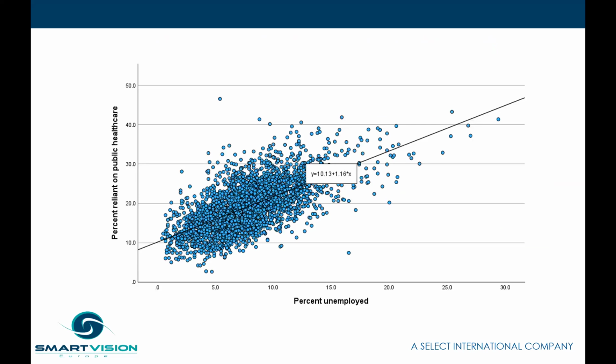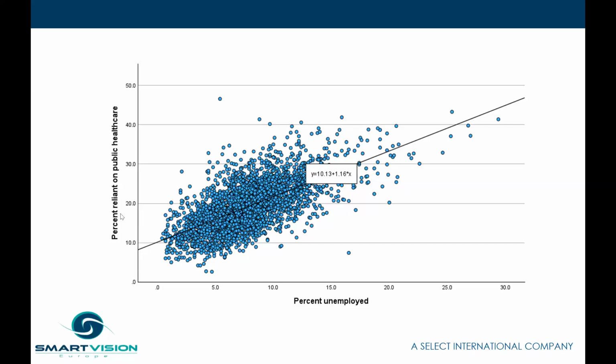When we do a scatter plot in SPSS and ask it to put a fit line through it, it tends to give you this formula at the same time. Here you can see the constant, that's 10.13, and the coefficient, which is the per, 1.16 per x. What's x? Percent employed.